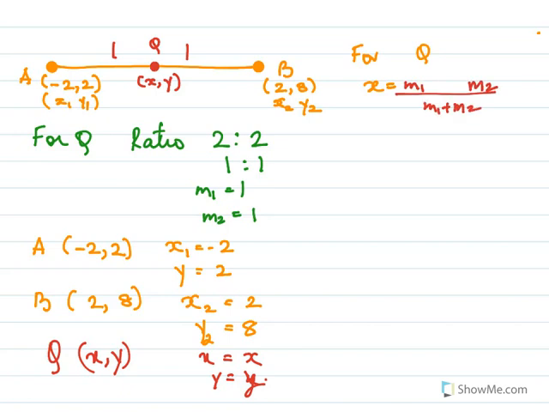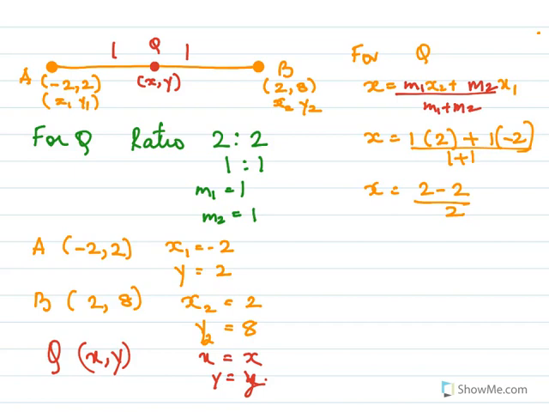Your X is M1 X2 plus M2 X1. So X will be 1 into 2 plus 1 into -2 over 1 plus 1. So X is 2 minus 2 over 2, and your X will come to be 0 over 2. So X equals 0.